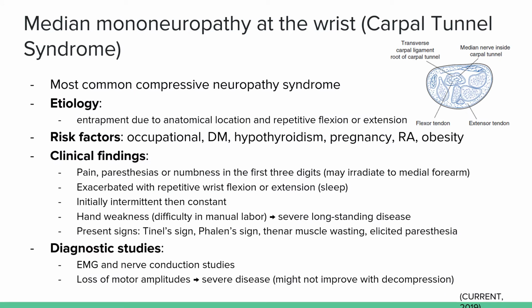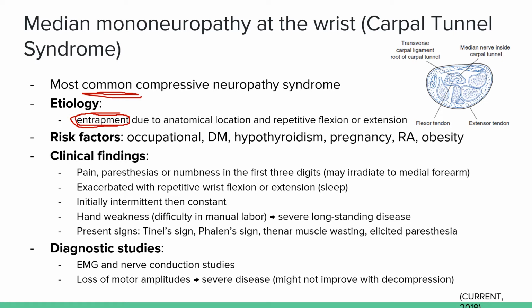Median mononeuropathy at the wrist, also known as carpal tunnel syndrome, is the most common compressive neuropathy syndrome. The etiology is entrapment due to anatomical location.